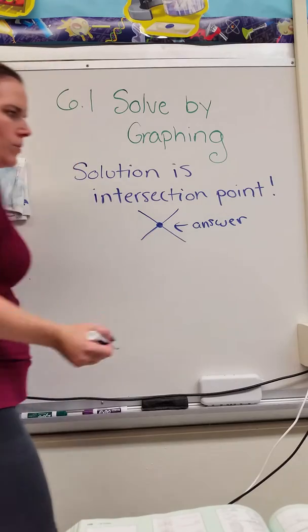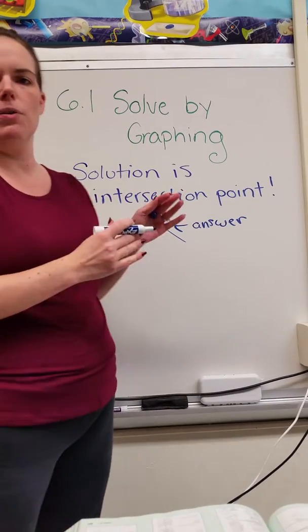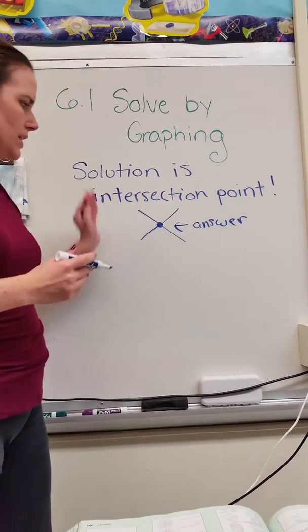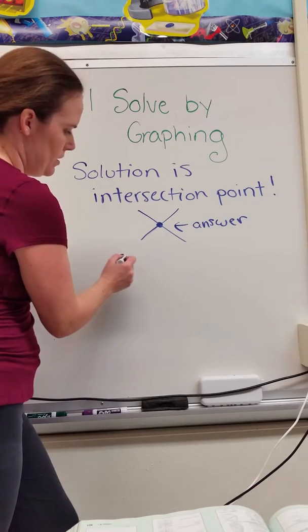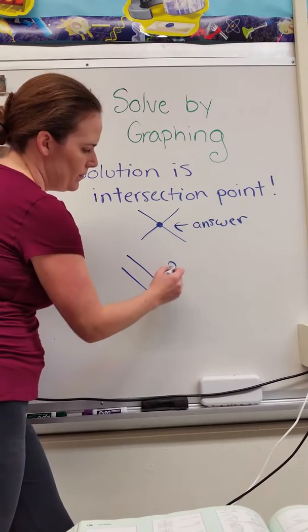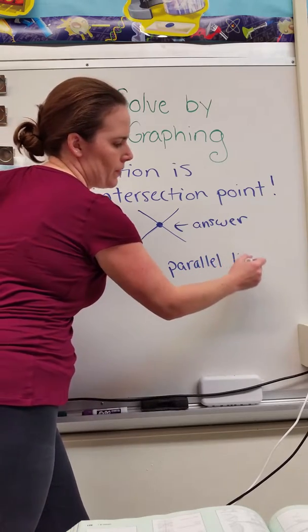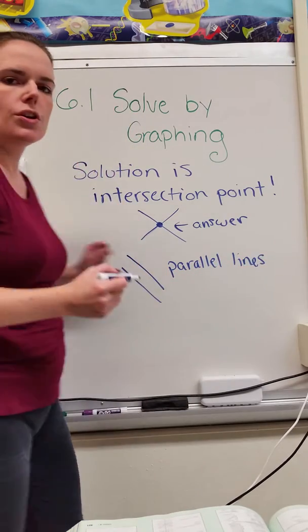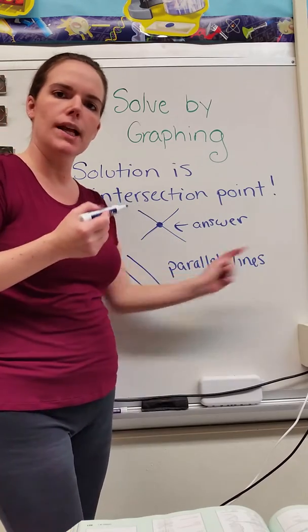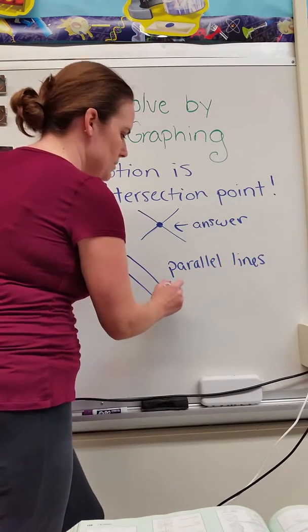Now, as you know, when you have two lines though, if they don't intersect, they could be parallel. If they're parallel lines, you should know from before, parallel lines have the same slope.